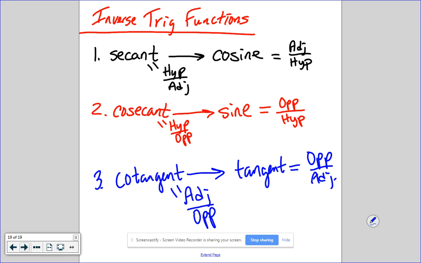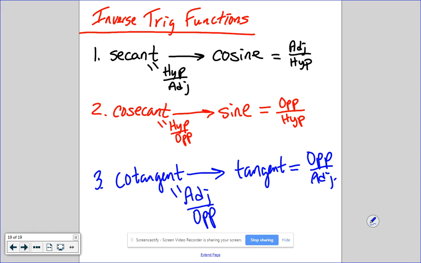Okay? Now, I'm going to be really honest. When I first learned this, I had a hard time remembering which one went with sine and which one went with cosine. So how I came up with it to help me remember is C goes with S, S goes with C. So C, cosine, goes with S, secant, and S, sine, goes with C, cosecant.